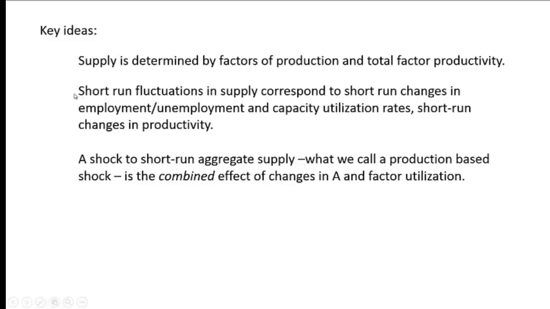Secondly, that short-run fluctuations in supply correspond to the short-run changes in employment and unemployment rates and capacity utilization rates and short-run changes in productivity. And also, a shock to the short-run aggregate supply is what we call a production-based shock, the combined effects of changes in total factor productivity and factor utilization for capital and labor.